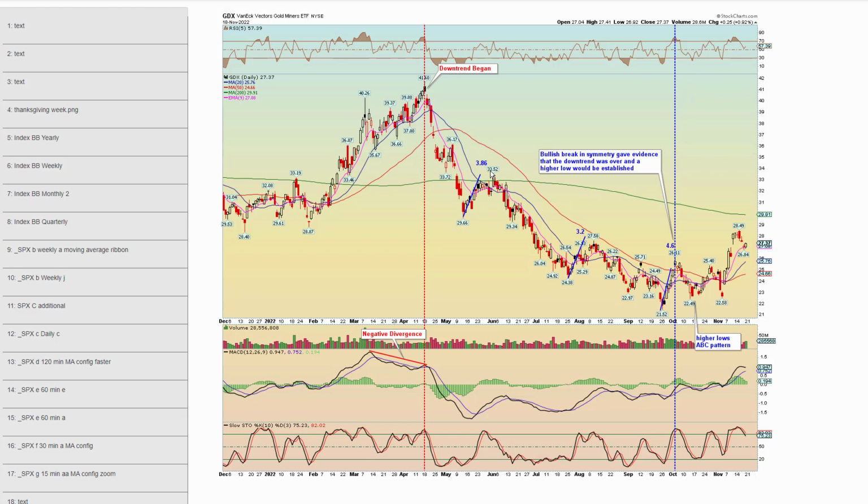Through 86 was your largest rally in the downtrend, which began in April. But the rally off the September lows was $4.60, quite a bit larger than this rally, a bullish symmetry break. So that told you with high certainty that this downtrend was over and to look for a higher low, which you got a couple of them and then rallied up. So symmetry played out.